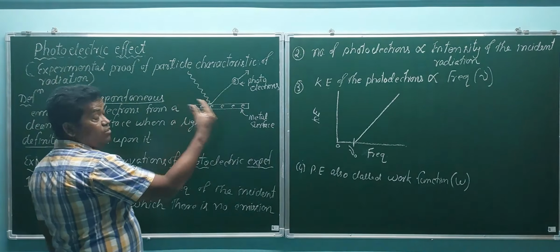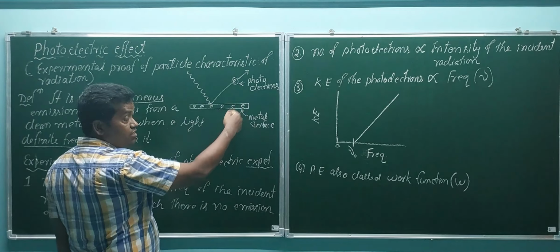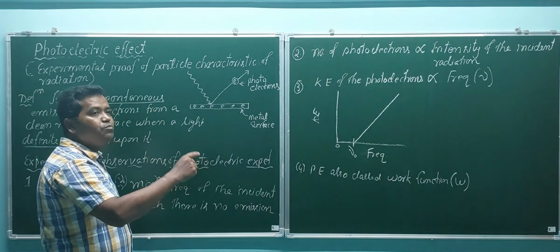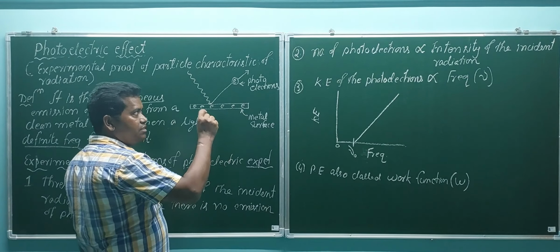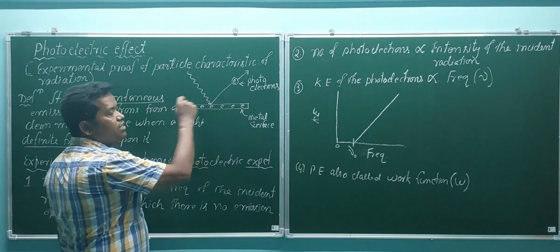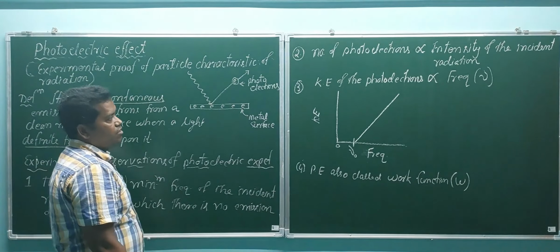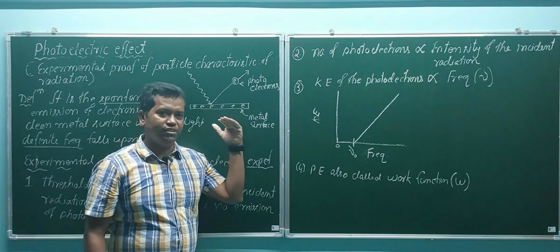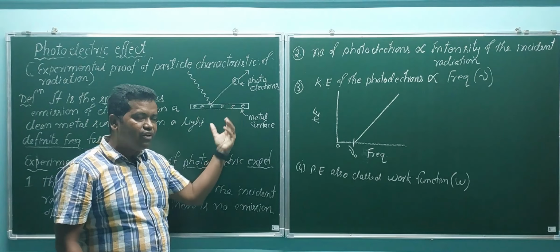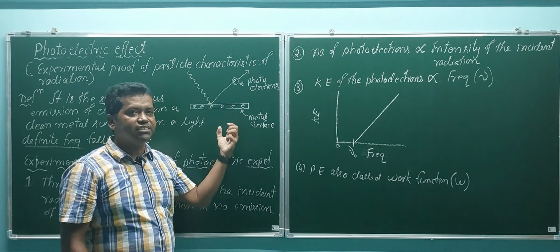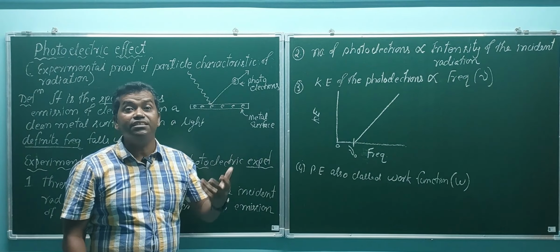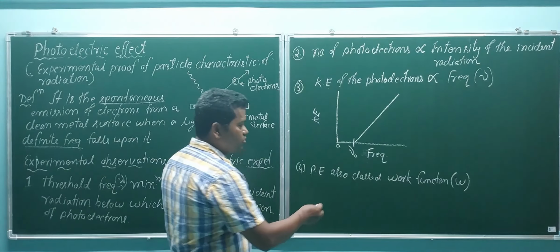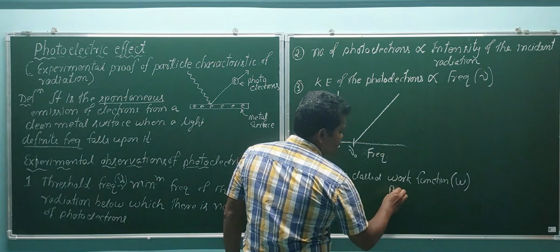That work function, that potential energy, should be overcome in order to eject an electron from the metal surface. Also we can say it is nothing but binding energy.